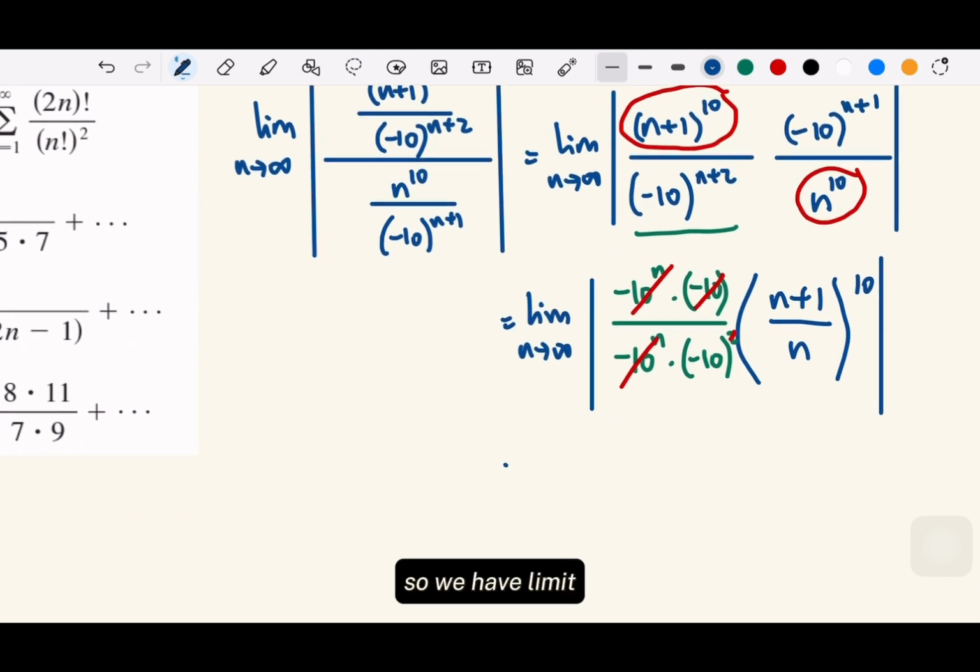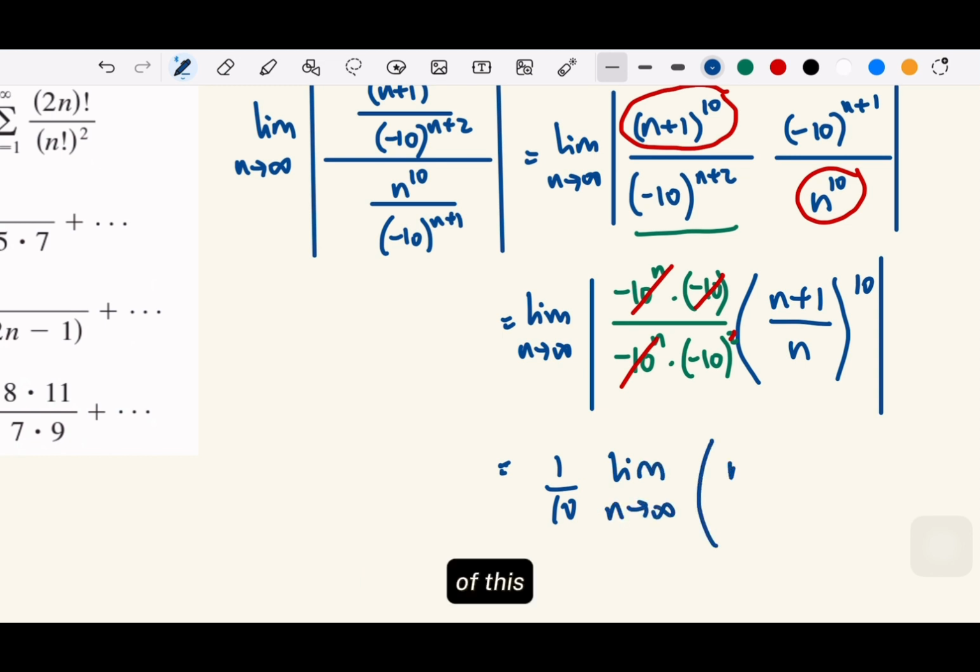So we have the limit, 1 over 10, or even 1 over 10 I can factor out, it's just a constant. So 1 over 10 limit of this.